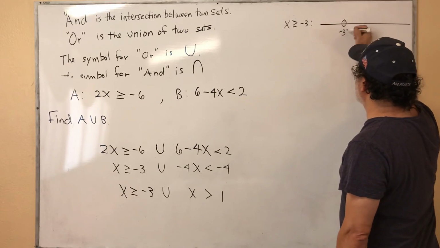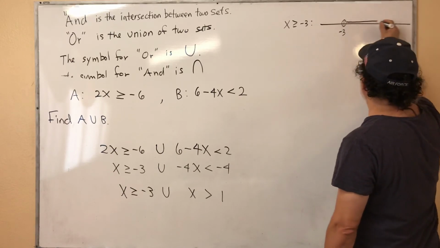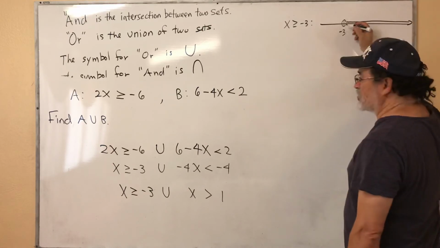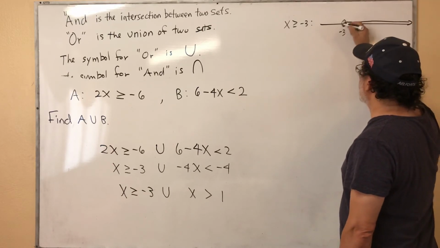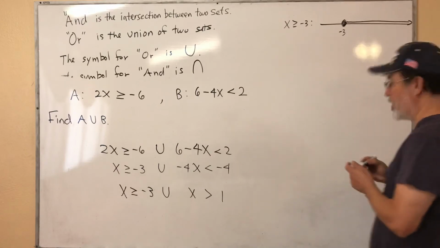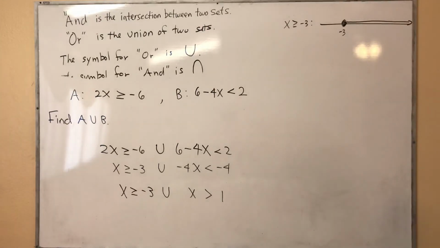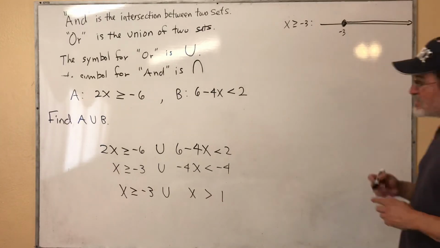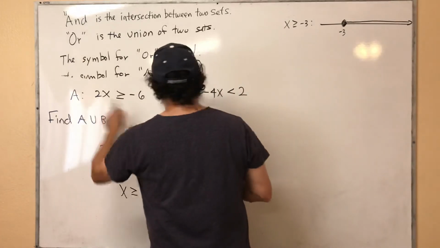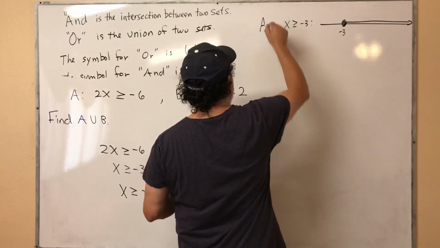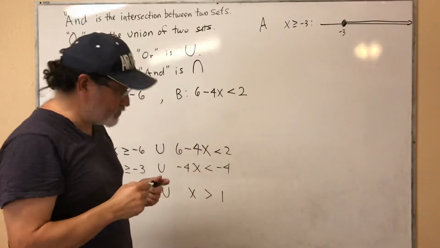Circle -3, everything to the right, and also shade -3 right there. This is set A right there.